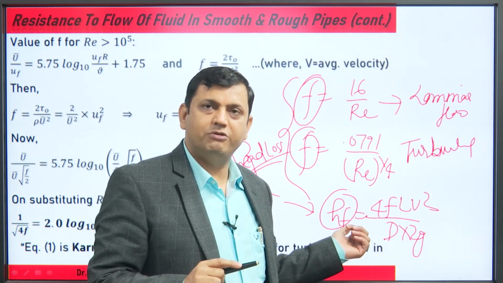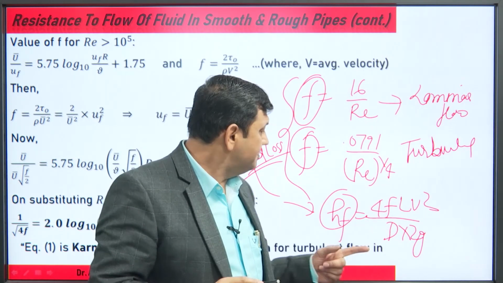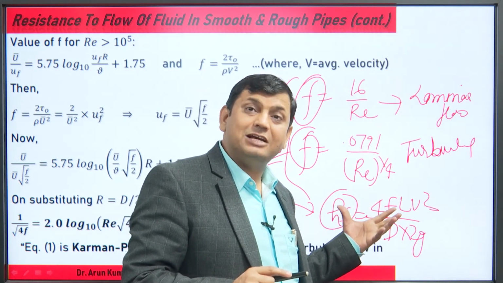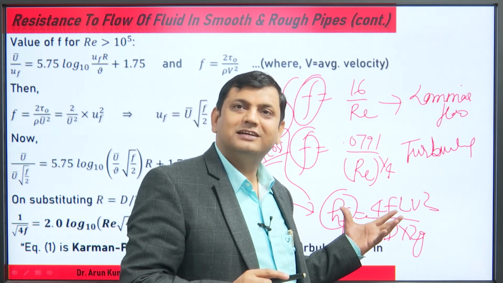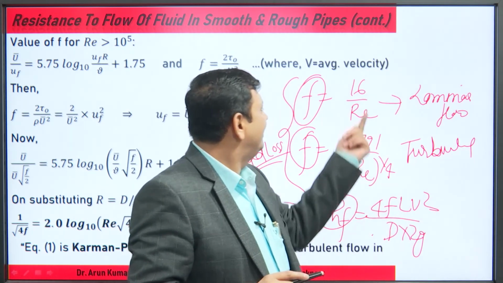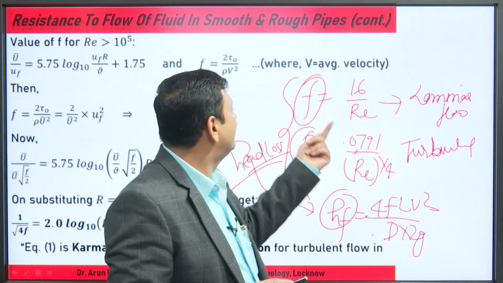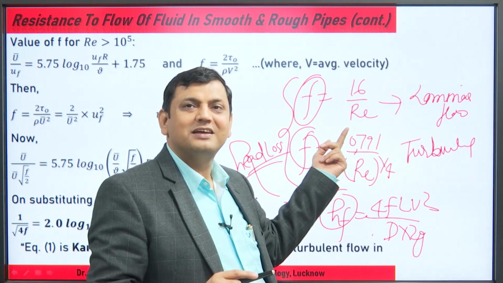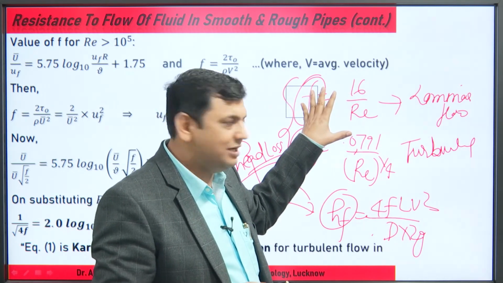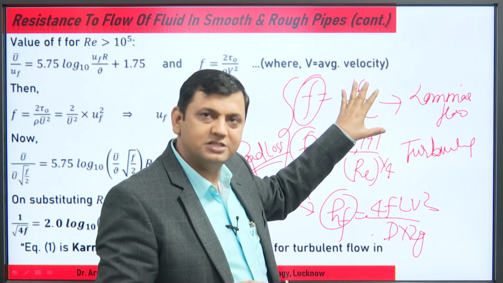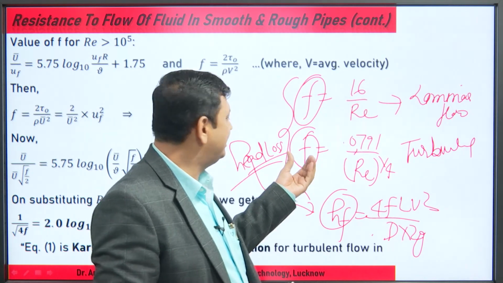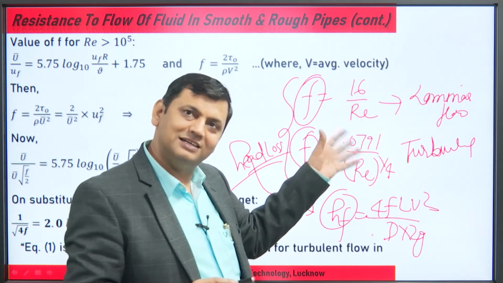This equation is valid for both laminar and turbulent flow. If the flow is laminar, then in place of F we use 16 upon Re, or 64 upon Re. How 64 upon Re? Because if it is the friction coefficient, it becomes 64 upon Re.